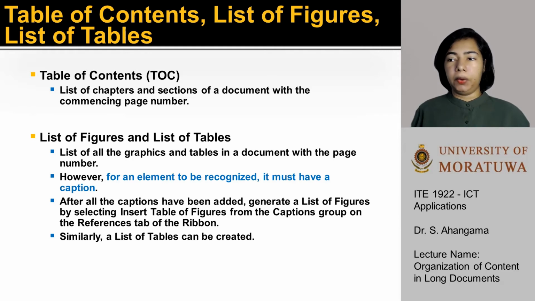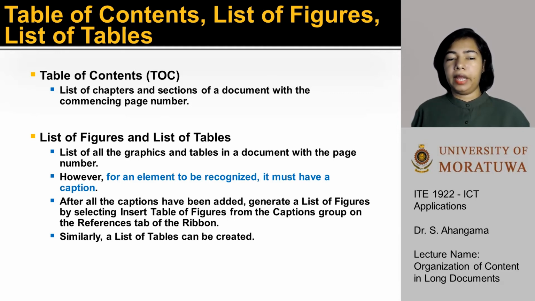However, to be included in the list of figures or in list of tables, that should be recognized. So to recognize it, it must have a caption. Already you have learned how to add a caption if you have an image or if you have a table. If you have forgotten them, please go through that video.